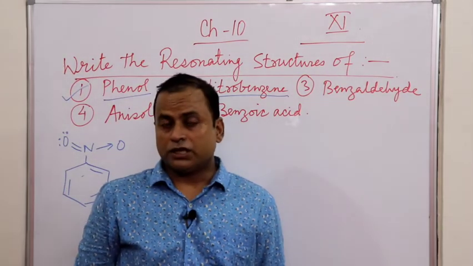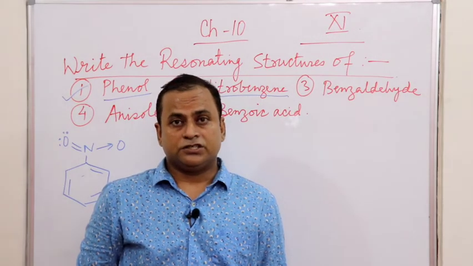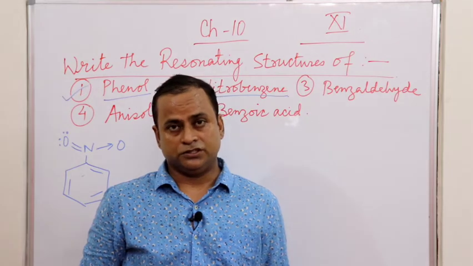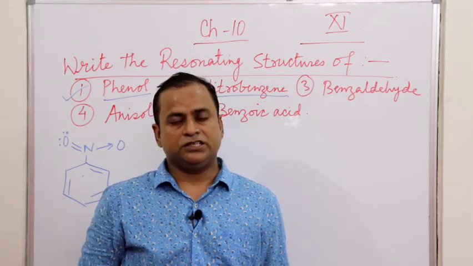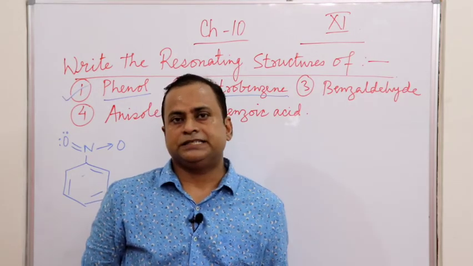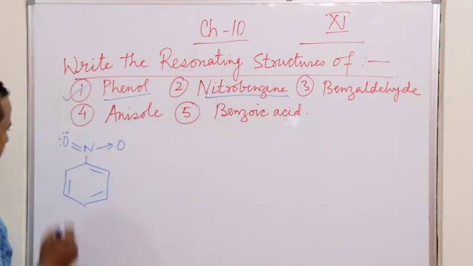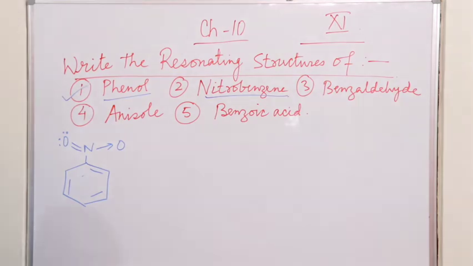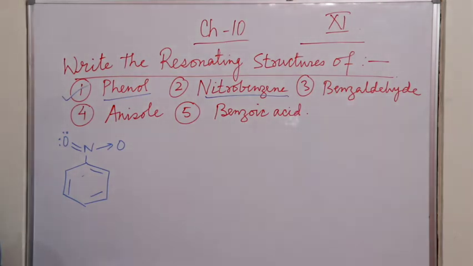Now to be able to write the resonance structures, it is very necessary that you know how to write the Lewis structures. If you are able to write them correctly, then only you will be correct in writing the resonating structures. So this NO2 group, you know, it is electron withdrawing in nature. So what will happen?